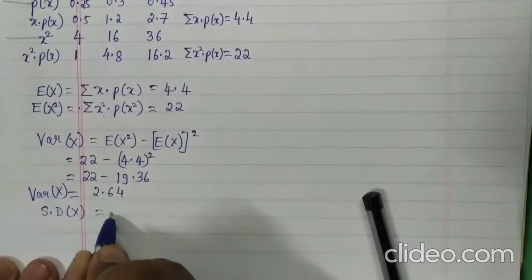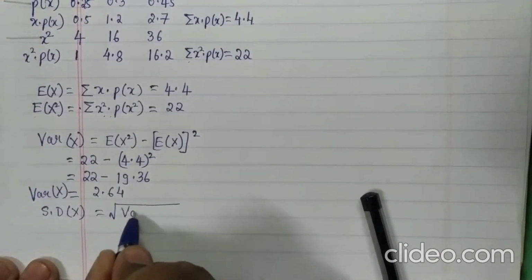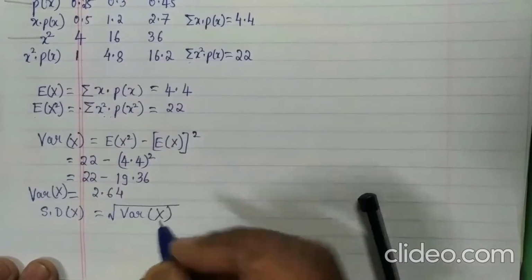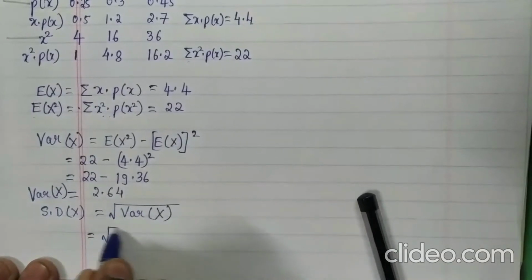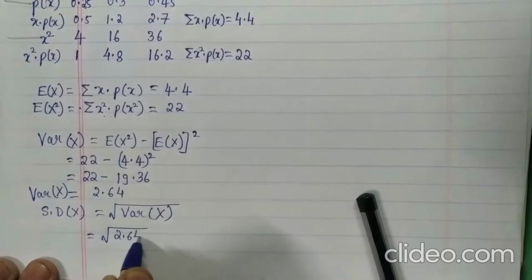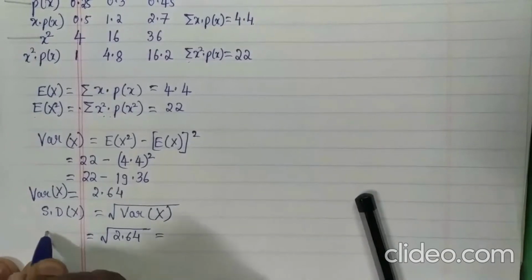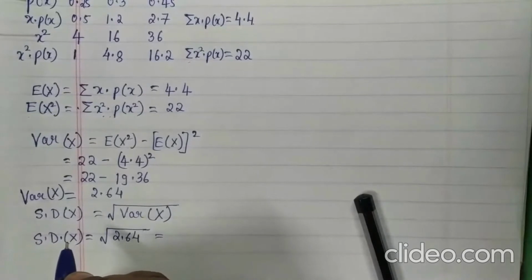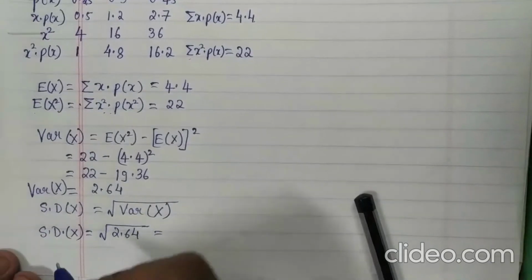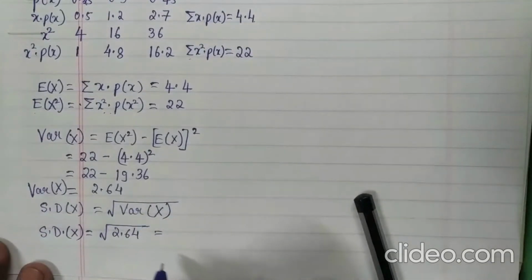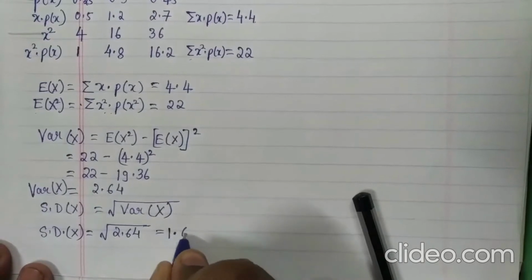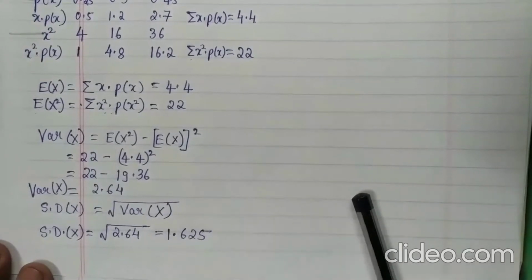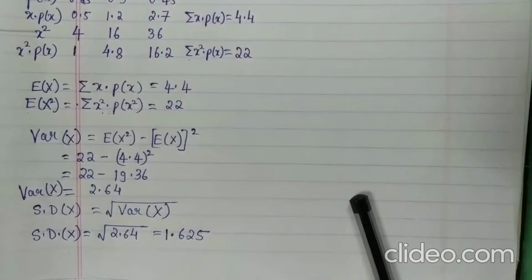It is equal to square root of variance of x, which is equal to square root of 2.64, which is equal to 1.625. So this is standard deviation of x.